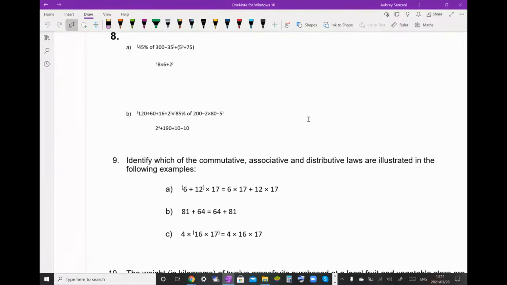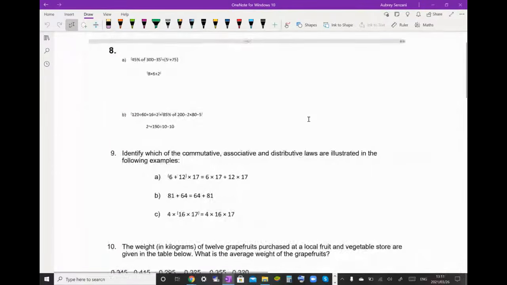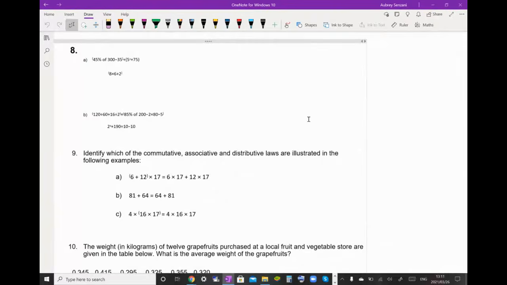Okay, so what we want to be doing here, just zoom out a little bit, is this thing we call BODMAS.